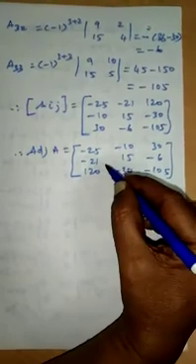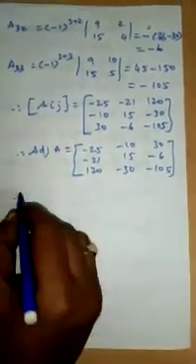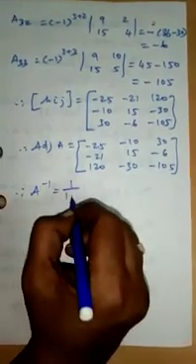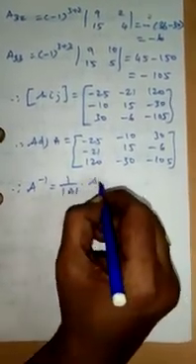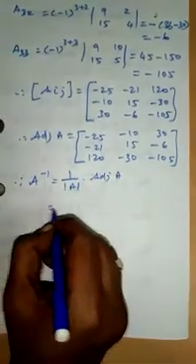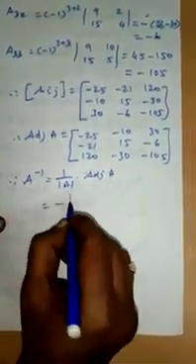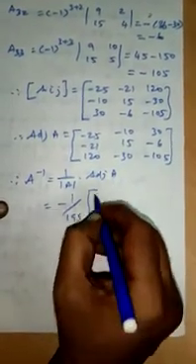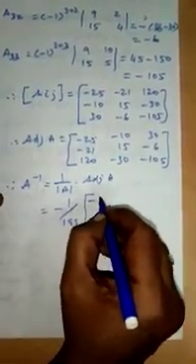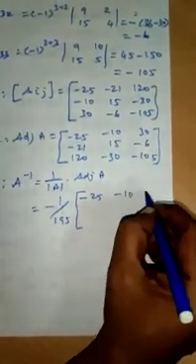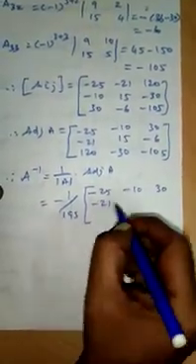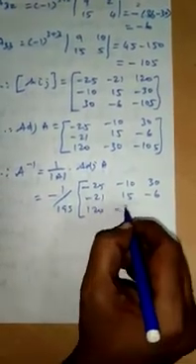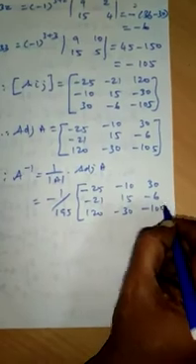This is adj A. Therefore, A inverse is equal to 1 by determinant A into adj A, that's equal to minus 1 by 195 into adj A, which is minus 25, minus 10, 30, minus 21, 15, minus 6, 120, minus 30, minus 105.